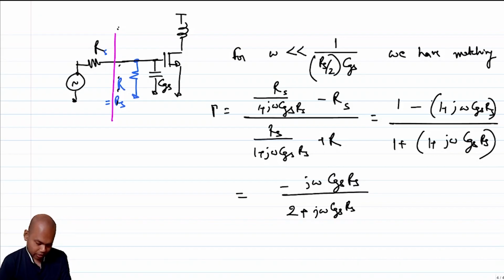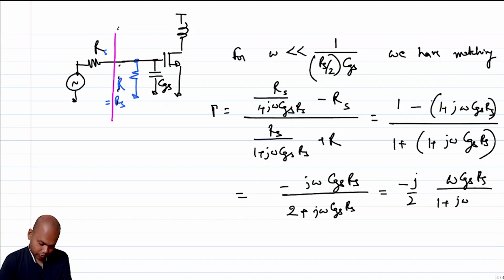If I take the 2 out, your reflection coefficient effectively becomes minus 1 by 2, or minus j by 2 omega CGS RS by 1 plus j omega CGS RS over 2, right?